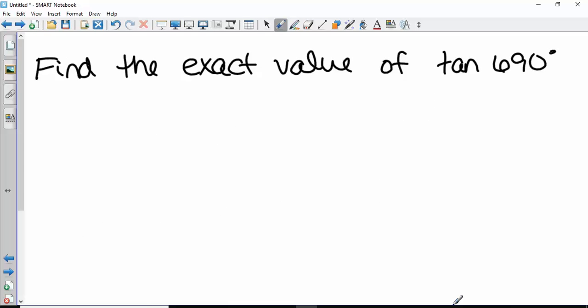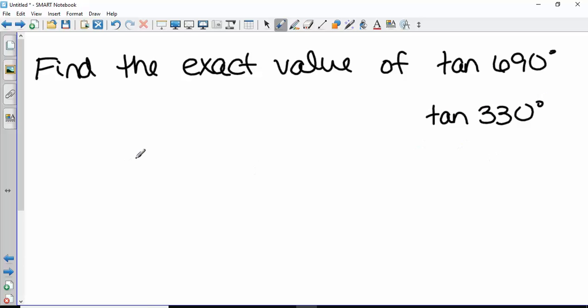I said find the exact value of the tangent of 690 degrees. Exact value, when I say that, that means not what the calculator tells us, because I want radicals. But 690 is not something that rings a bell with our unit circle. What do we need to do? Subtract the 360. So that would give us the tangent of 330.